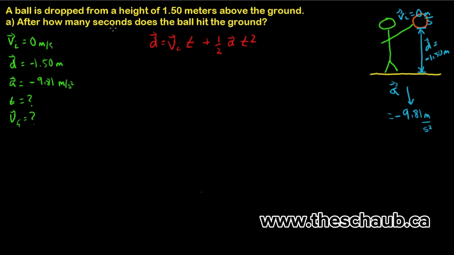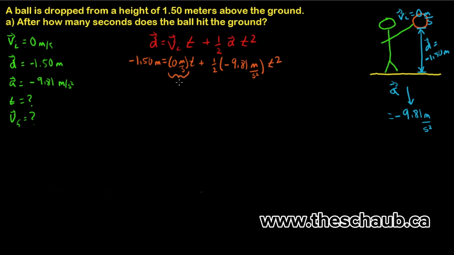And now we're ready for some numbers. Our d is equal to negative 1.50 meters. This is equal to our vi, which is 0 meters per second, multiplied by t, plus 1/2 multiplied by our acceleration, which is negative 9.81 meters per second squared, multiplied again by t squared.